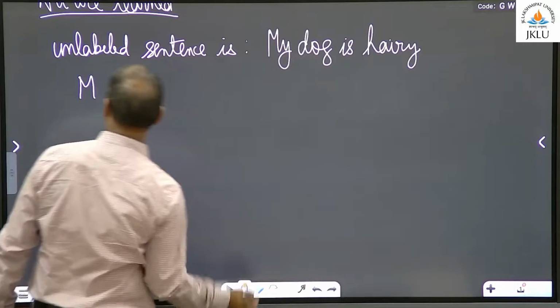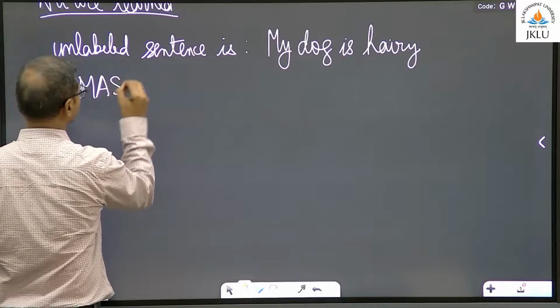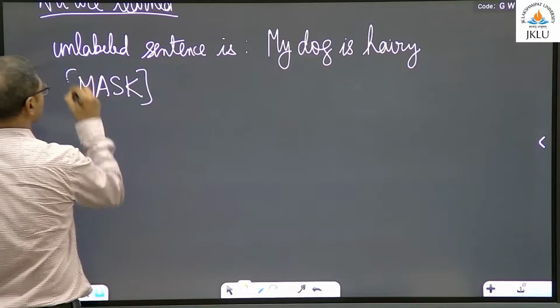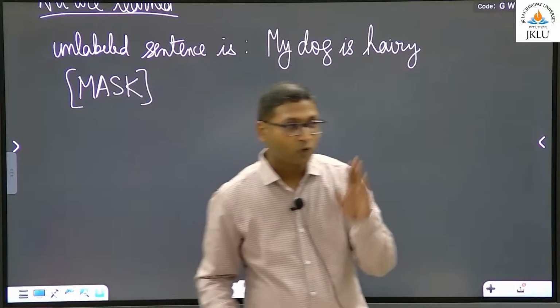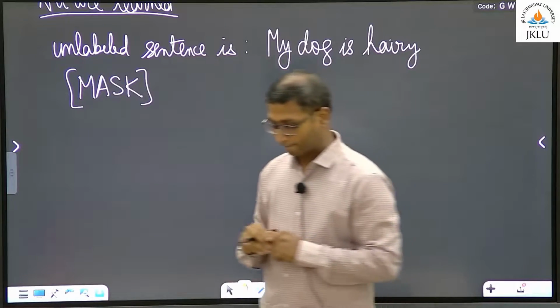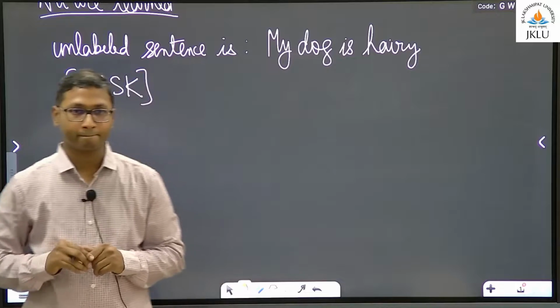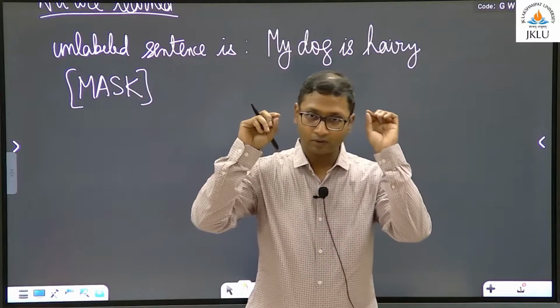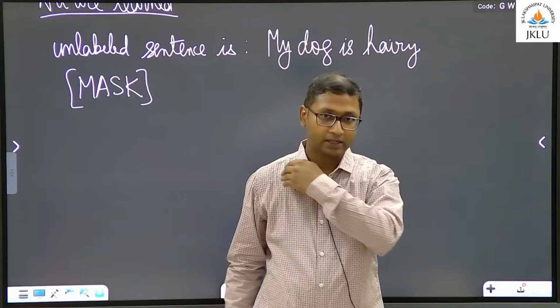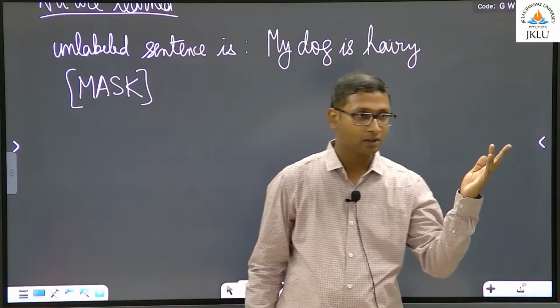So I want to use this token mask. So what is MLM? What are we doing in MLM? So 15% of the words are masked and they are chosen randomly, right?